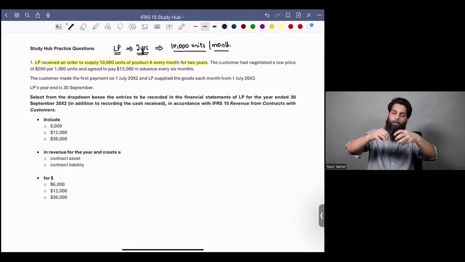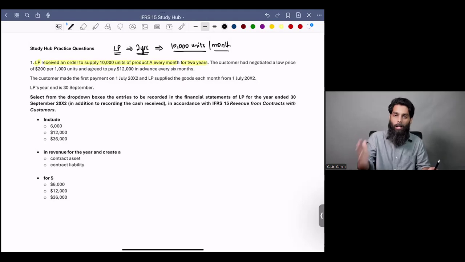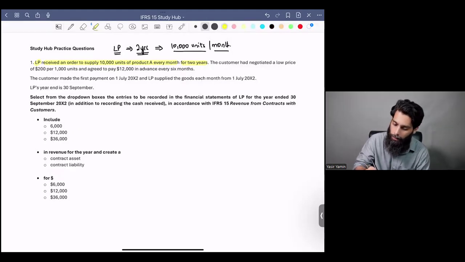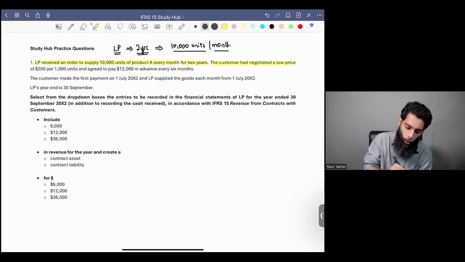It's not that you recognize based on percentage of completion or something like that. It's a very simple contract. Each and every time you supply goods, you recognize revenue because for that month, you have satisfied your performance obligation. Make sense?